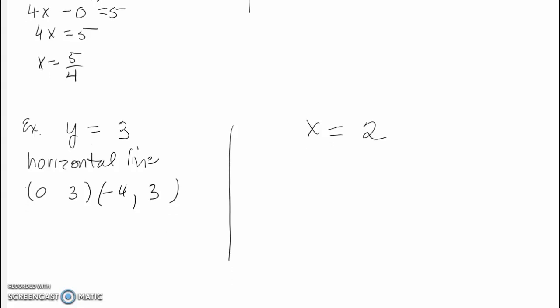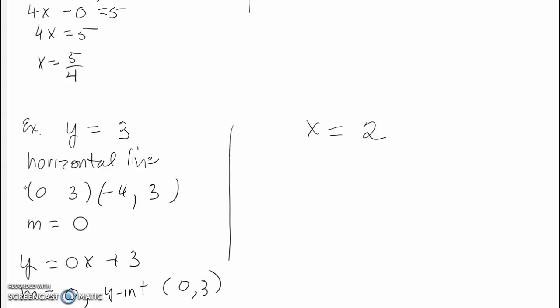When you use the slope formula, it turns out that m will equal 0. And if I want to write the equation, again, it's y equals 0x plus 3, where the slope is 0 and the y-intercept is (0, 3).